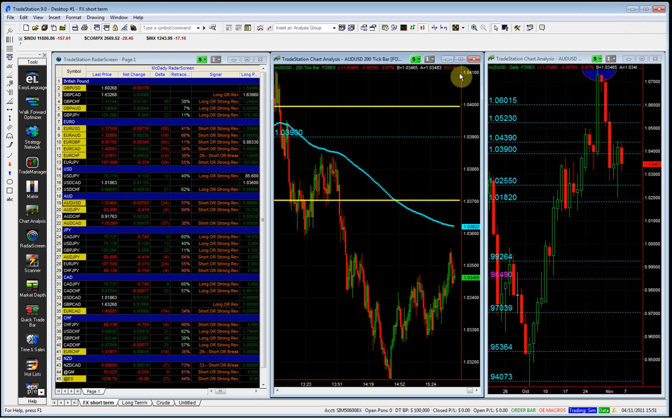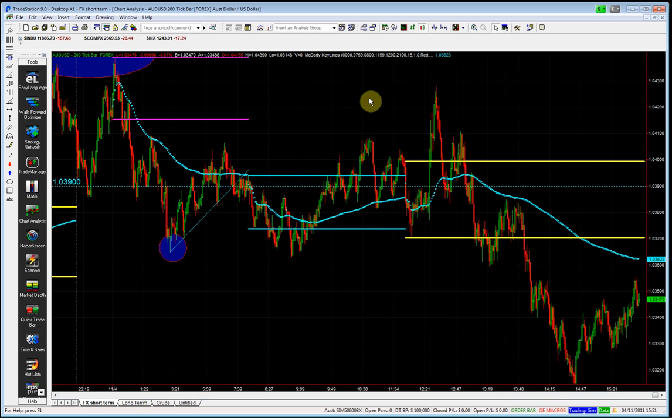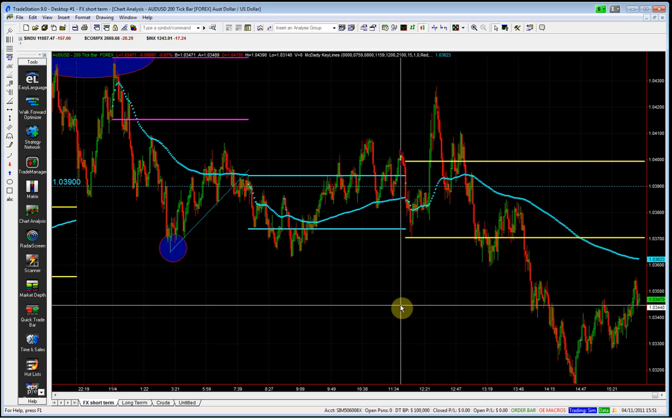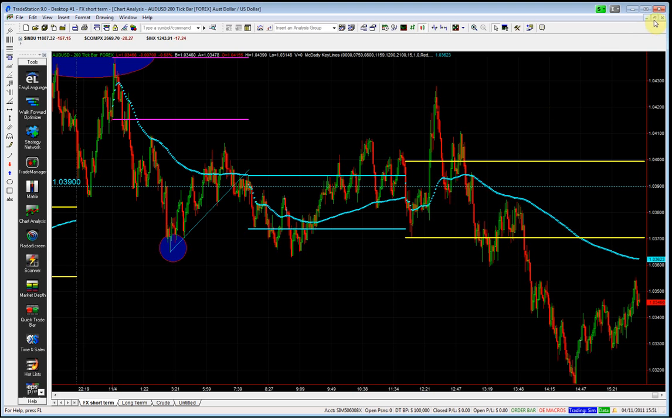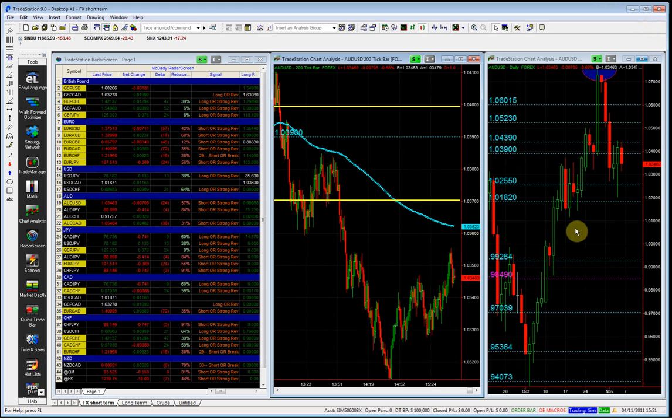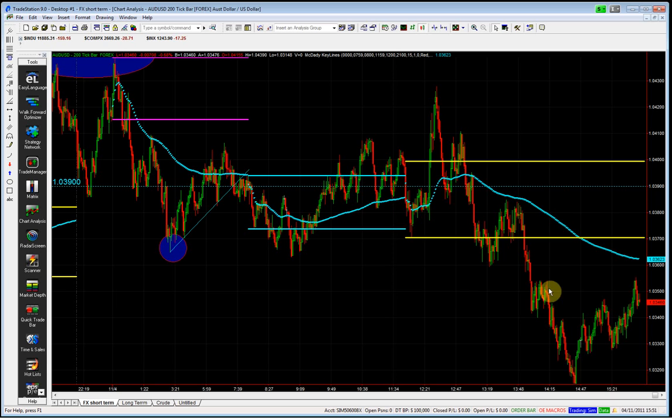Going to the 200 tick, you should always have these levels in our daily and our 200 tick as well. There's the 103.90, and the 103.90 is going to be our long point on the 200 tick.